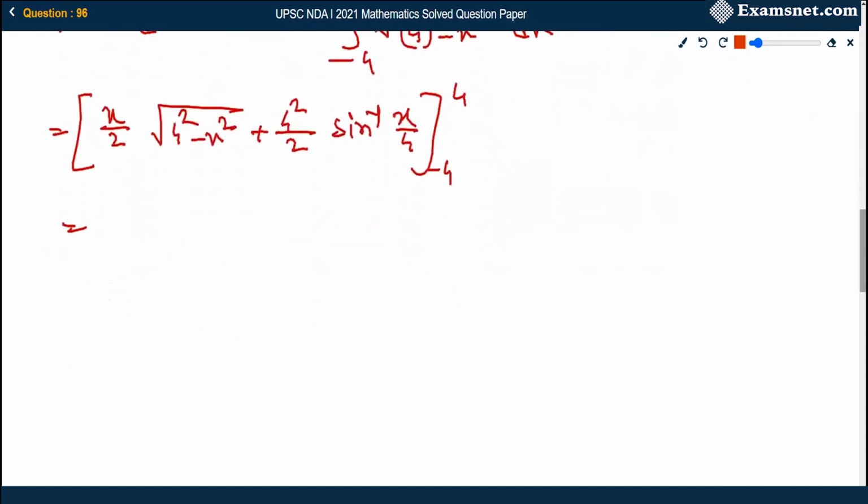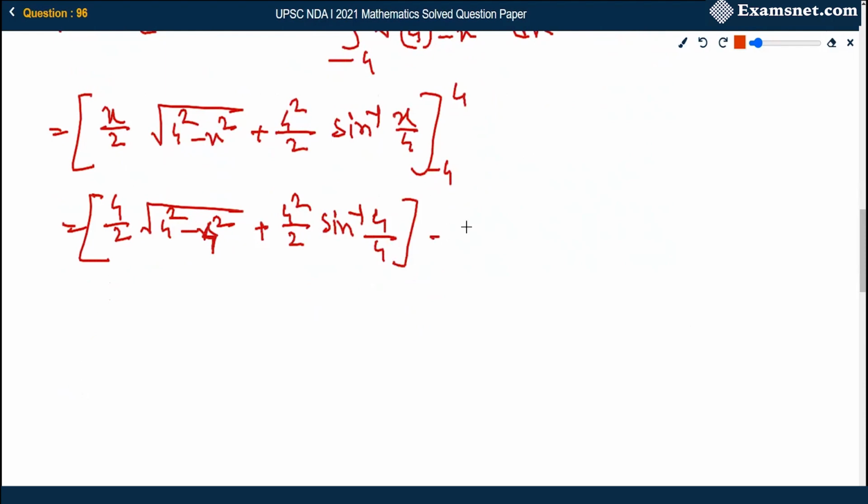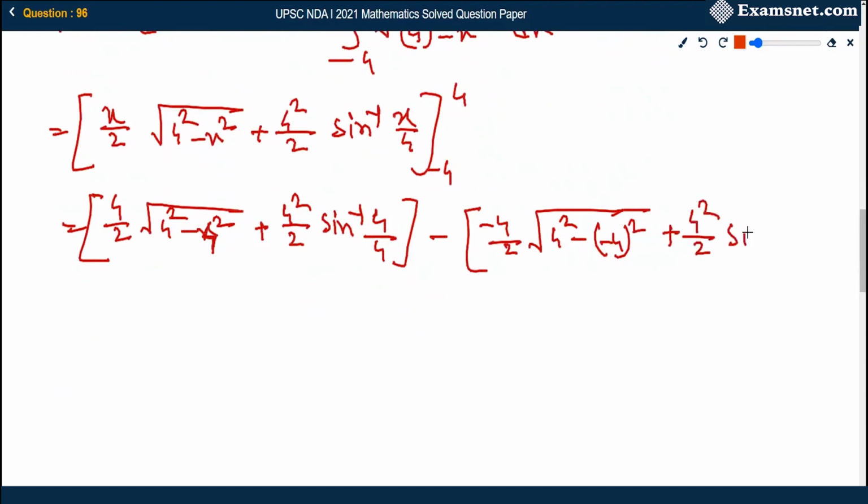Next, 4 by 2 times square root of 4 square minus, in this place we will put 4, not x anymore, 4 square plus 4 square by 2 sine inverse 4 by 4, minus minus 4 by 2 times square root of 4 square minus 4 whole square plus 4 square by 2 sine inverse minus 4 by 4.